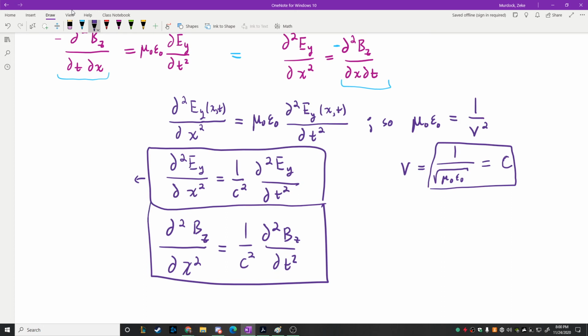I think he kind of knew that, just knowing that this thing had this relationship going in, as long as he was careful enough with all of the calculus that he was doing and solving this differential equation, it had to be the case that this was going to work out.